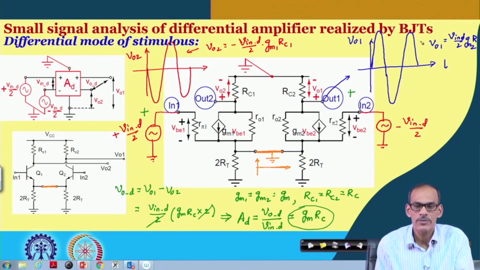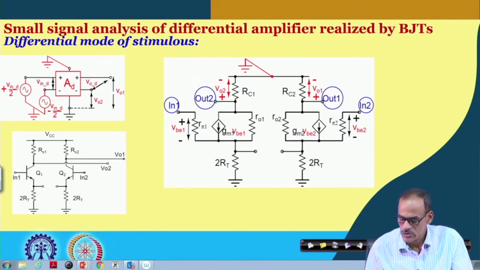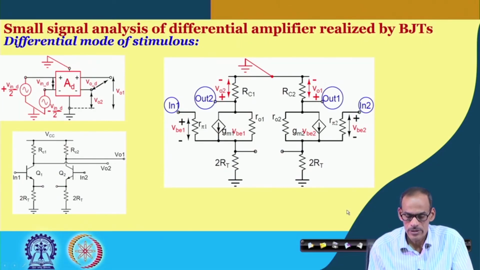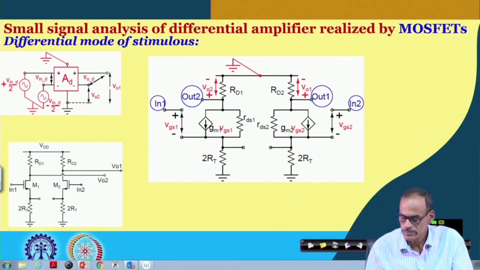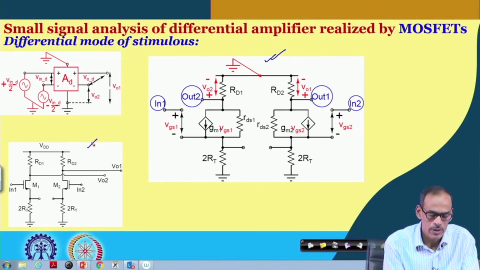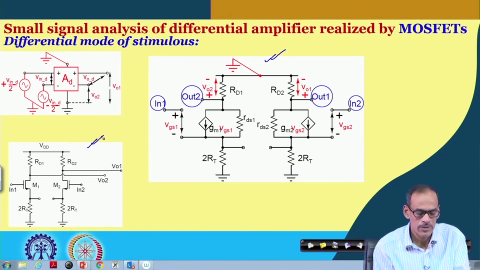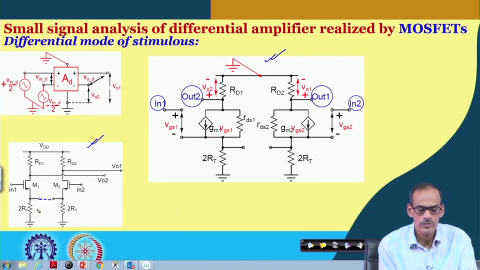Now, similar to the differential amplifier using BJT, if you consider the differential amplifier realized by MOSFET transistors, we can do a similar kind of analysis. So, in the next slide, we have the small signal equivalent circuit of the differential amplifier, and the actual circuit of course we get when we make this connection.